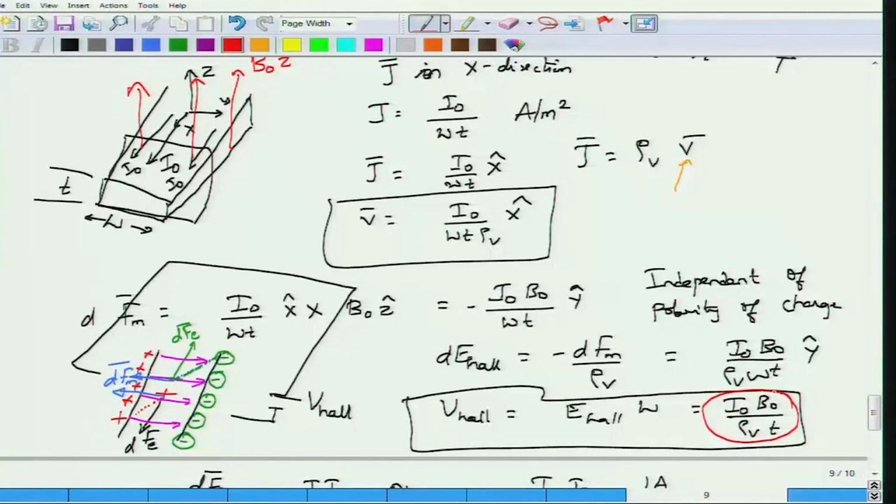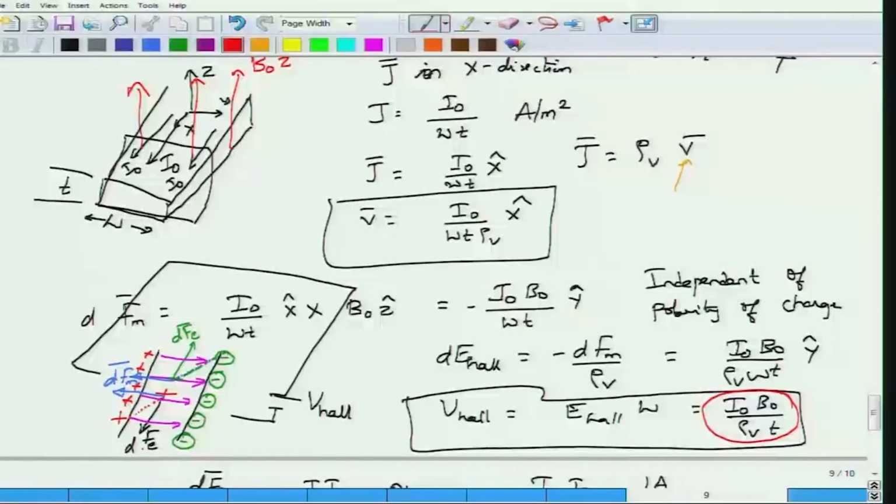Why? Because the Hall voltage depends on rho v, and if the bar is made up entirely of positive charge carriers, then the Hall voltage will be positive. If the bar is made up of negative charge carriers such as electrons, then the Hall voltage will be negative. So if I want to test whether a bar is a p type bar or an n type bar, it is very easy to do.